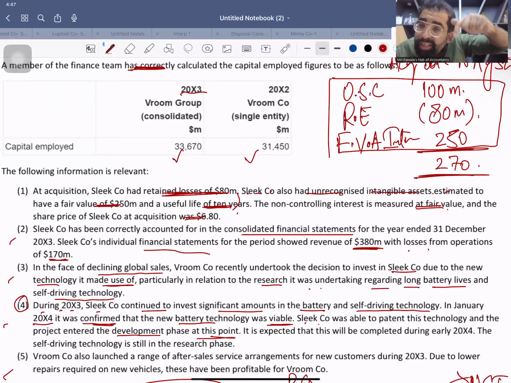And right now in December X3, in this 2003 year, the subsidiary company is in research phase. And when you are in research phase, whatever expenditure you do is expense. Right? So this is one of the reasons.